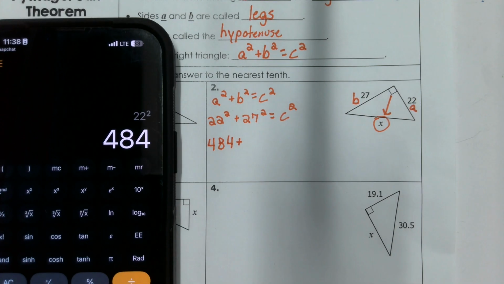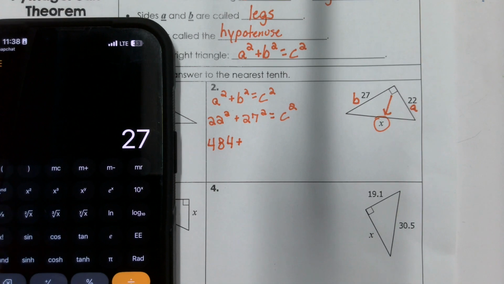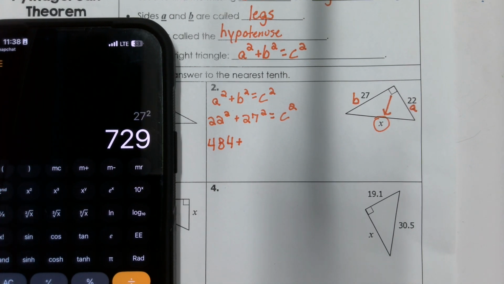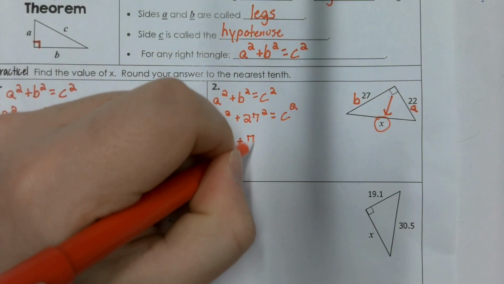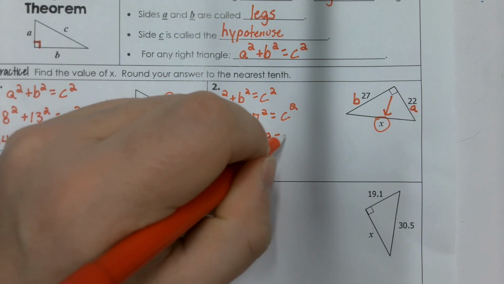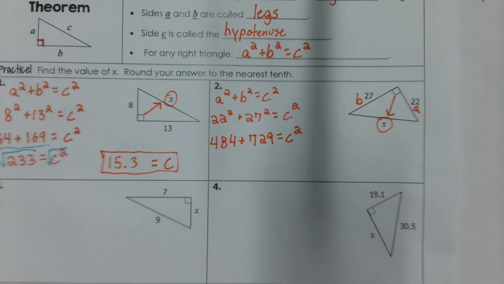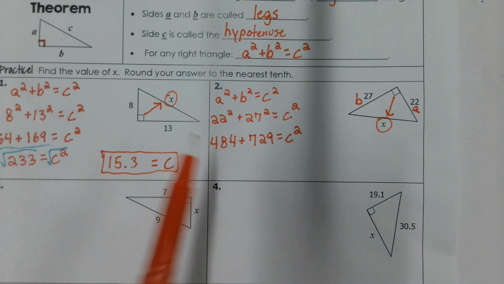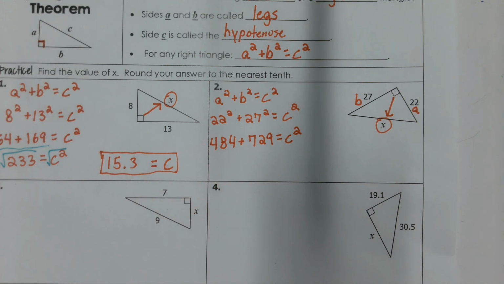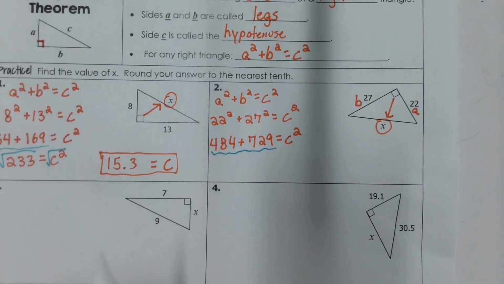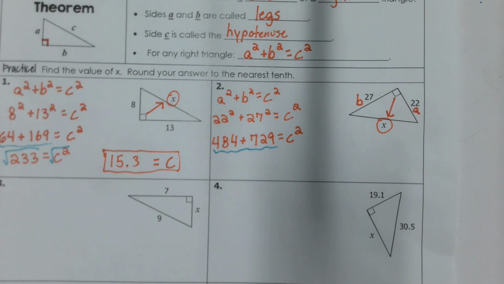plus 27 squared, 729. That equals c squared. Again, we're going to add both constants together.